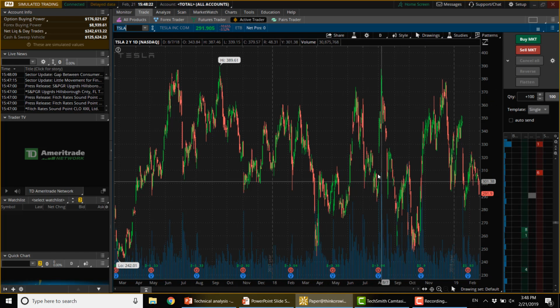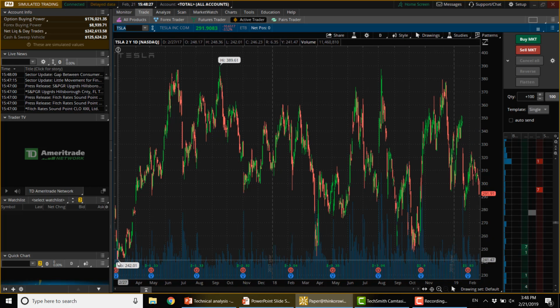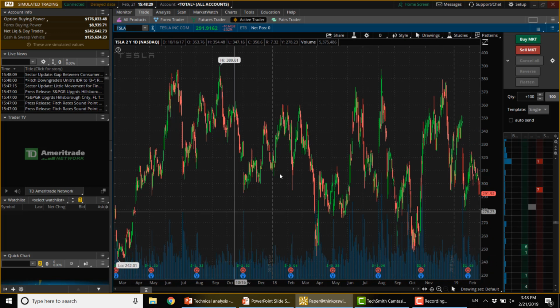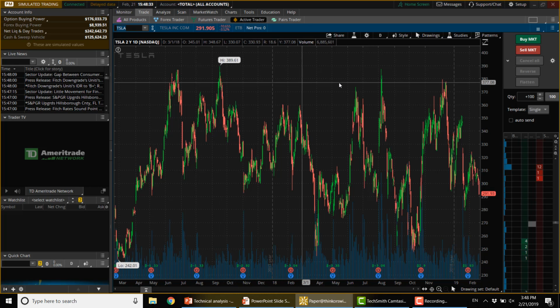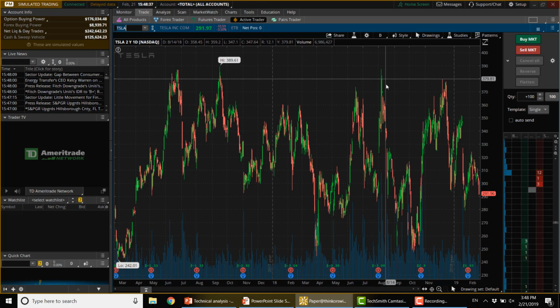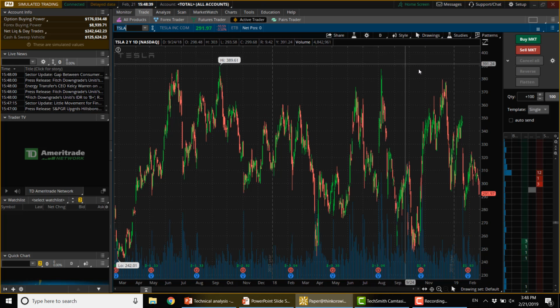So obviously, Tesla is a fairly volatile company. You see its price ranges from about $240 all the way up to darn near 390-ish, 389 and change.